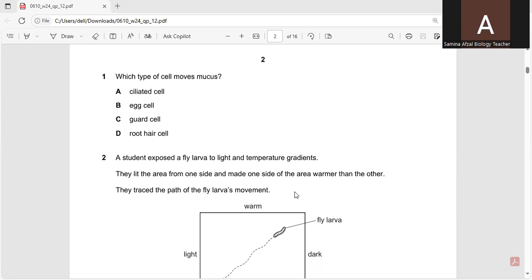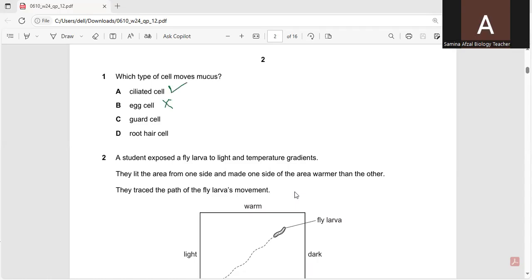In the human respiratory tract, for example, the ciliated epithelial cells line the airways and use the rhythmic beating of their cilia to move mucus and other trapped particles and microbes upward and out of the lungs. So this is the primary function of the ciliated cells, to move the mucus. So A can be the correct option.